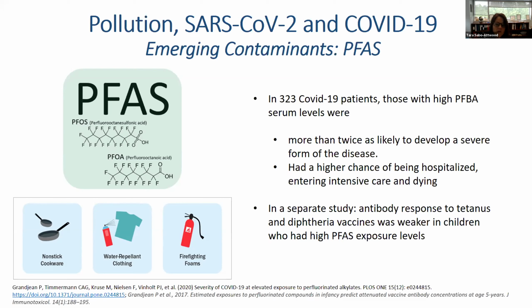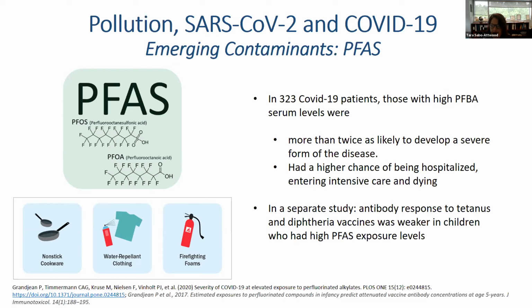And we are now finding significant levels of these compounds in individuals as well. And so people are now starting to look at this compound as a potential modifier of the human immune system. And that begs the question as to whether it would affect the immune system in such a way that people would be more susceptible to infections.